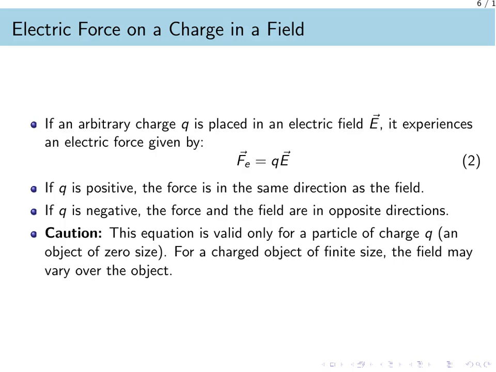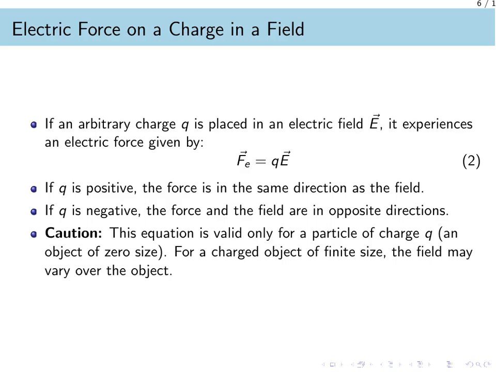If an arbitrary charge q is placed in an established electric field E, it experiences an electric force given by the equation F sub E equals q times E. The sign of the charge dictates the direction of this force. If q is positive, the electric force acts in the exact same direction as the electric field.